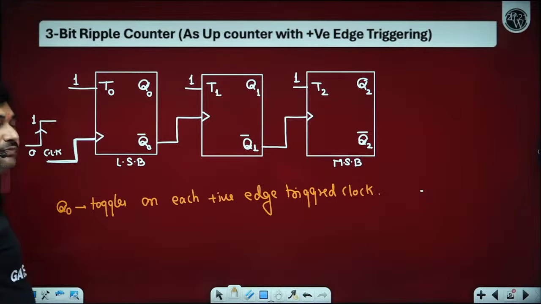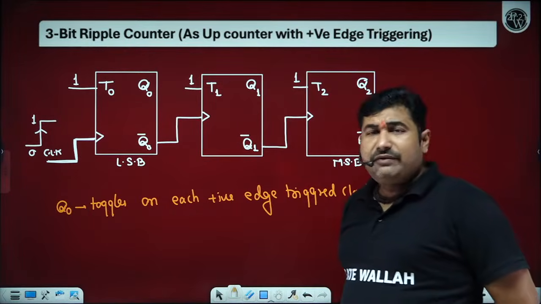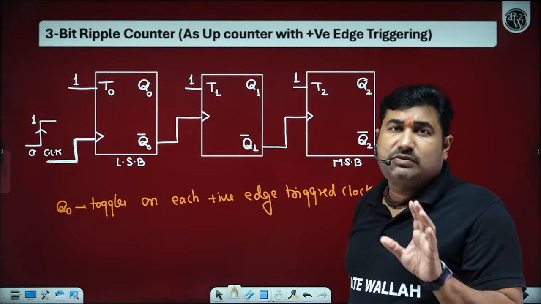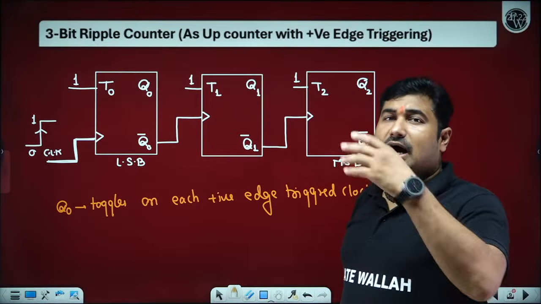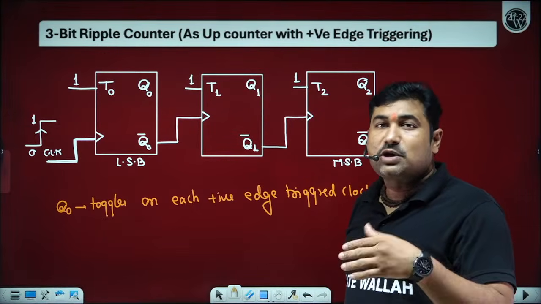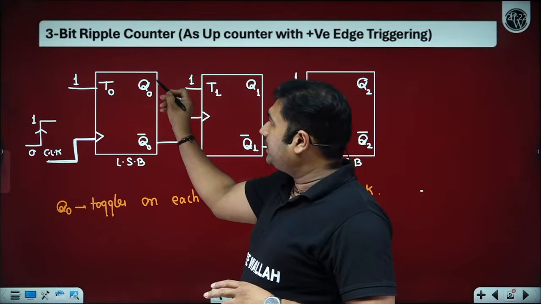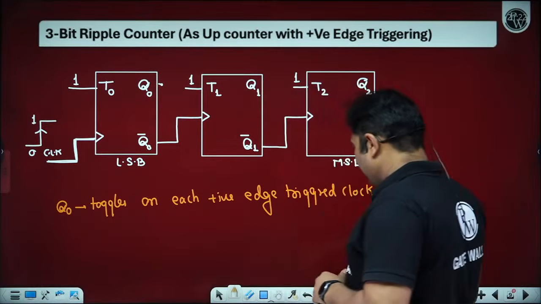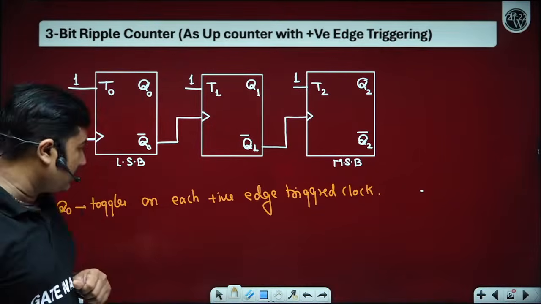Can I say this? Yes, sir, because T0 equals 1. And we all know the truth table of the T flip-flop. If T0 equals 1, then as soon as the clock appears, the output toggles. So the output toggles on every positive edge triggered clock. It means Q0 toggles on every positive edge triggered clock.